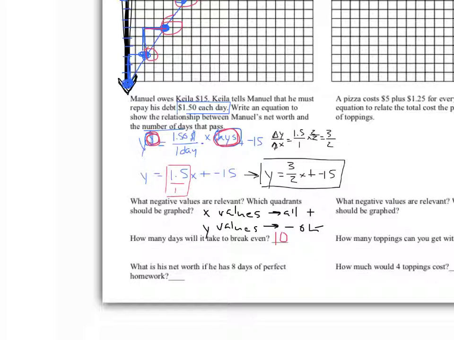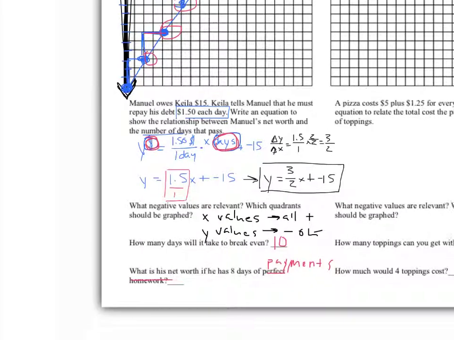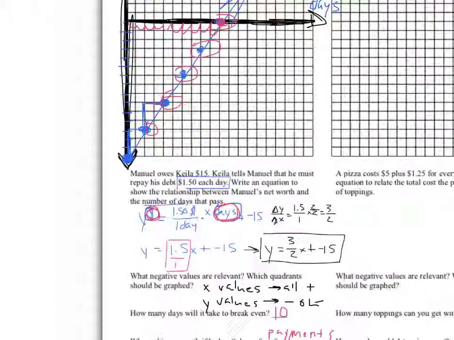What is his net worth if he has 8 days of, I guess not perfect homework, if he has 8 days of payments? What is his net worth if he has 8 days of payments? What is his net worth at 8 days?